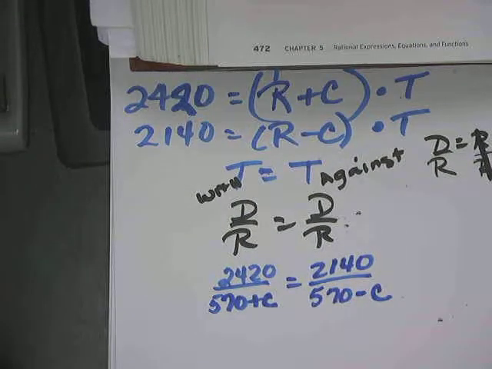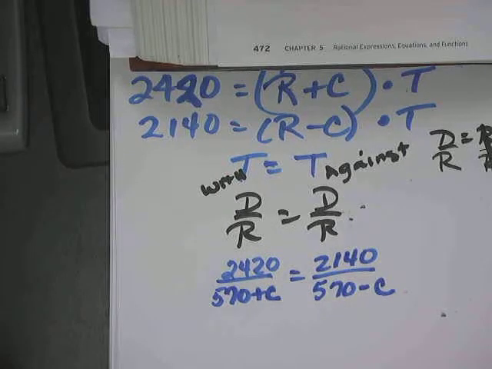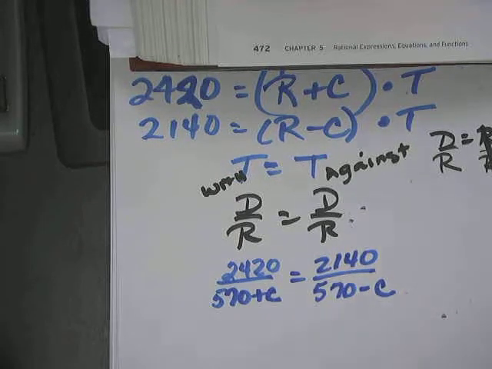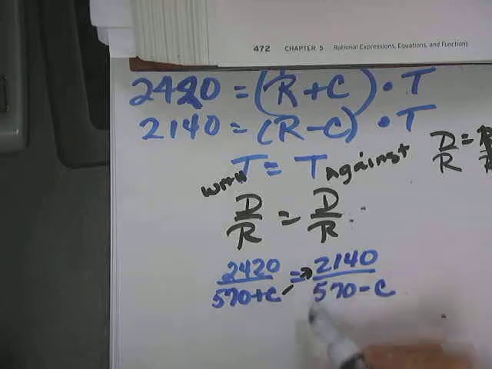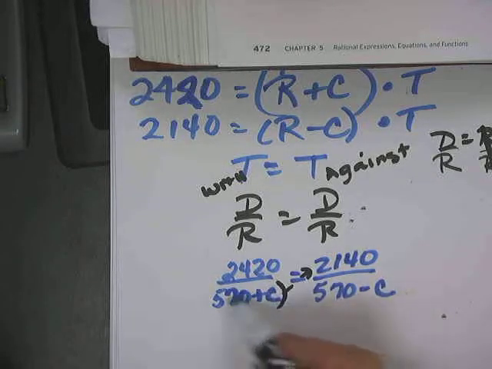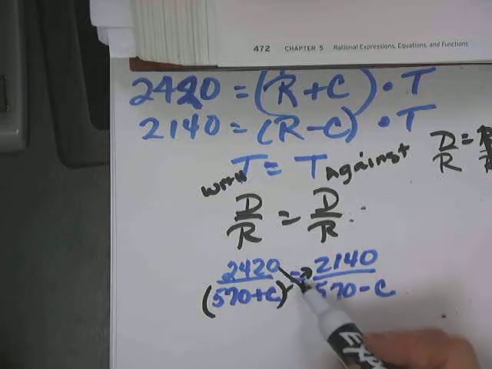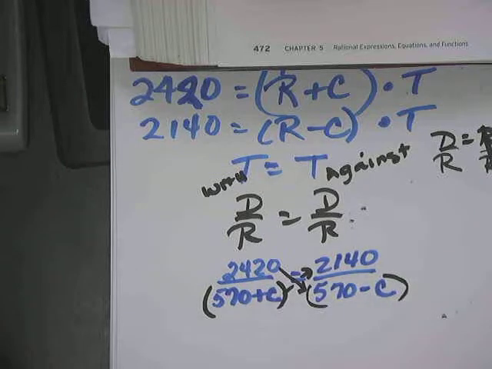And the rate, what did we say the rate was? 570 plus the current. Okay, the distance against the wind, 2140, the rate is 570 minus the current.